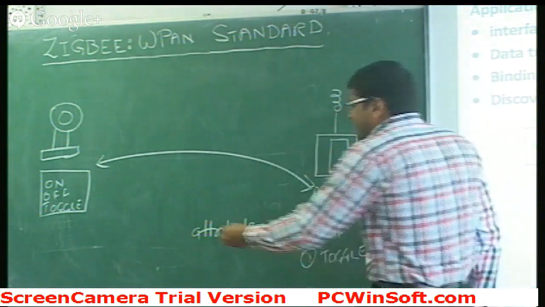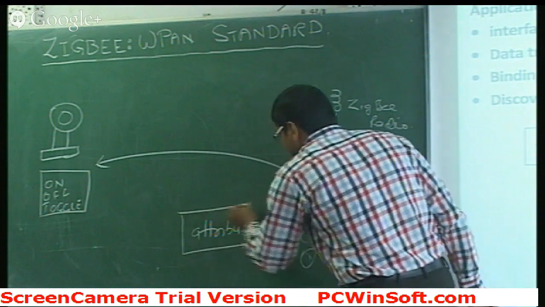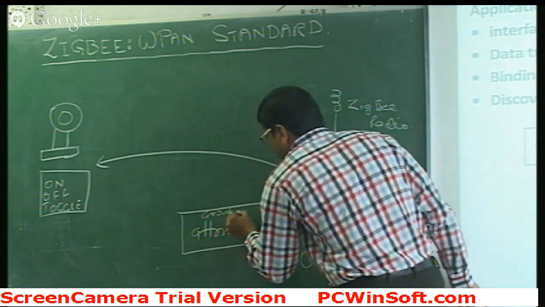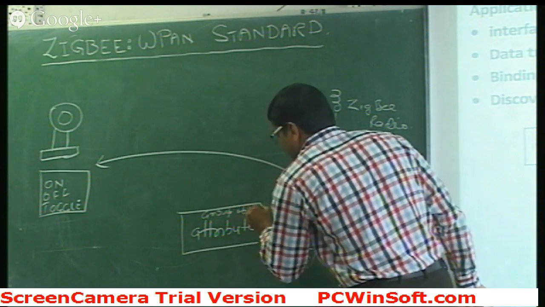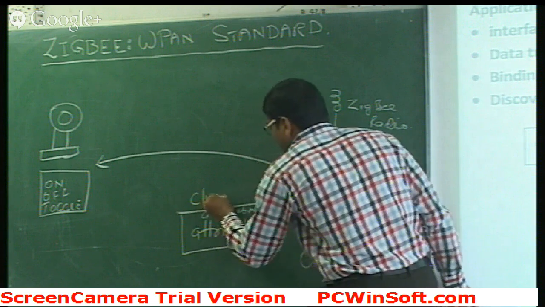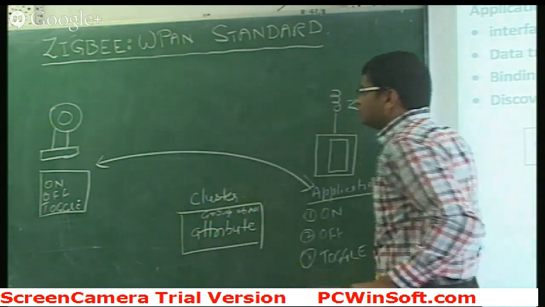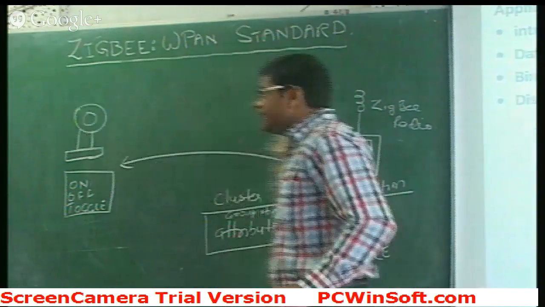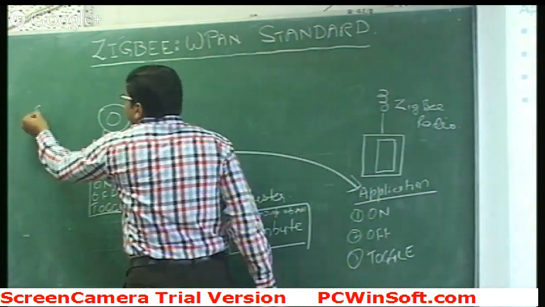And a group of attributes forms a cluster. Every device is identified by a device descriptor.